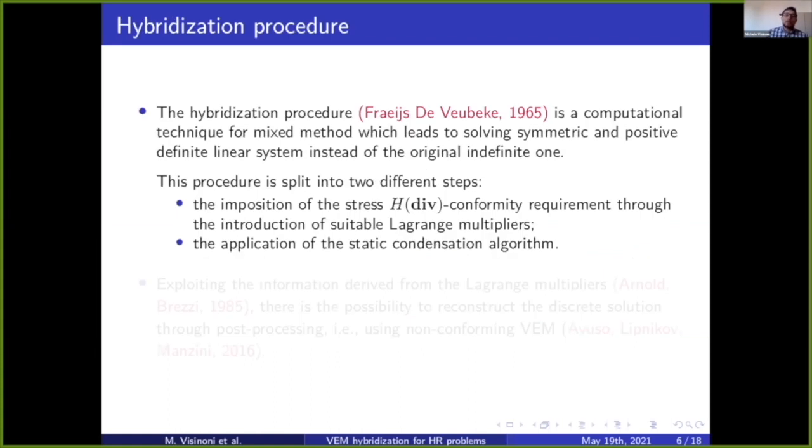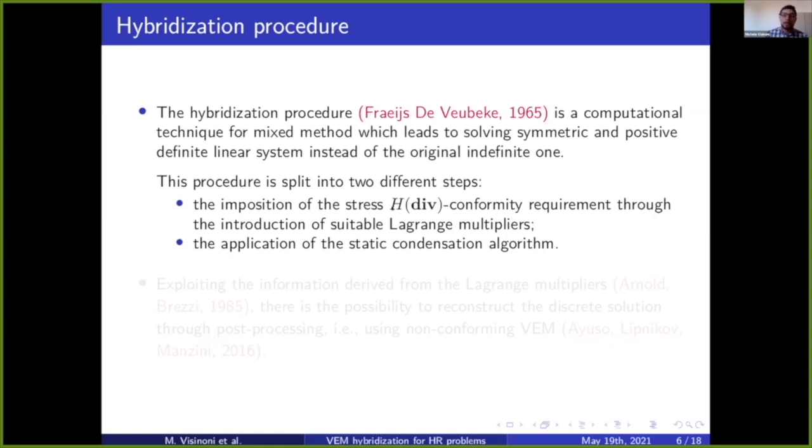The hybridization procedure was born only as a computational technique for mixed methods, which leads to solving a symmetric and positive definite linear system instead of the original indefinite one. So the first aim is only a computational technique. This procedure can be split in two steps.